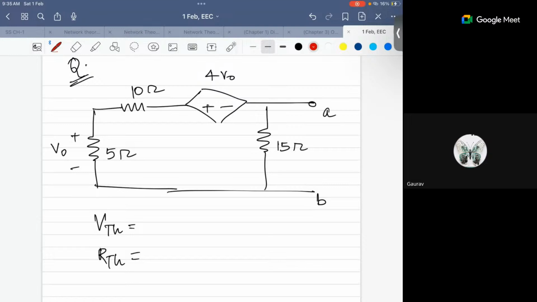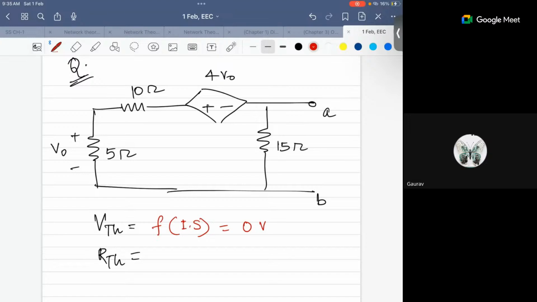Zero. V Thevenin is always a function of independent sources. Here you don't have any independent source, so directly the value becomes 0 volt. Now we will just be having R Thevenin.